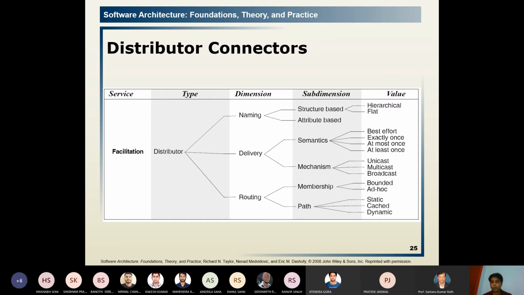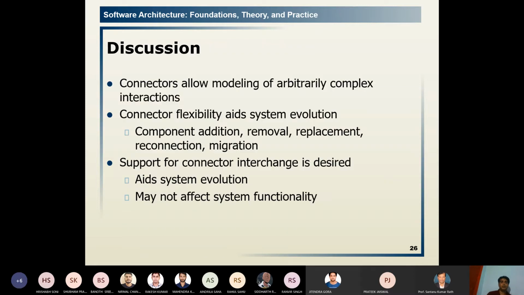A little bit of network communication, or computer network, you can say. Next, the gist. The connectors allow modeling of arbitrarily complex interactions. They also allow for complex interactions, a rich source of interaction between the data access server. The connector flexibility adds system evolution with component addition, component removal, component replacement, reconnection and migration. We can increase the flexibility by using these parameters.